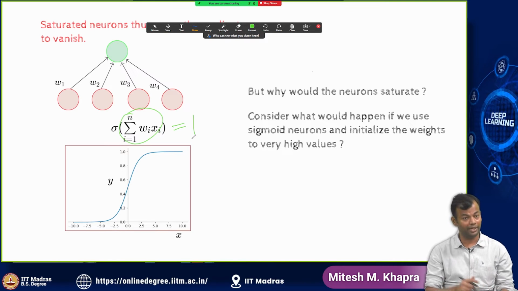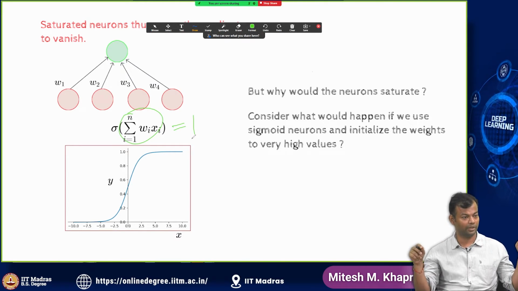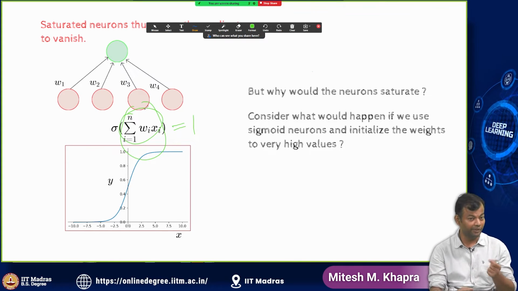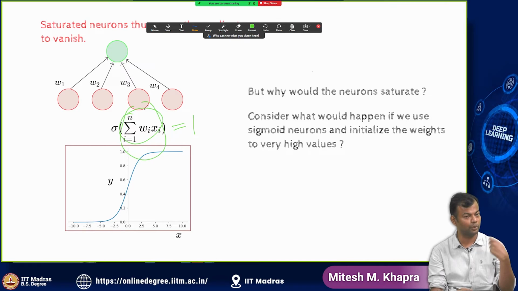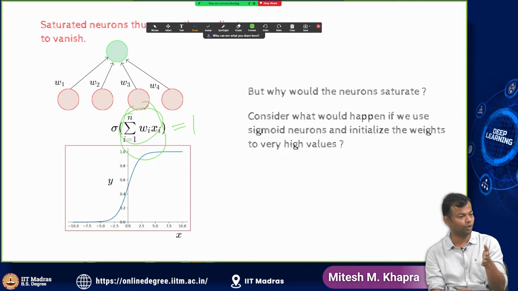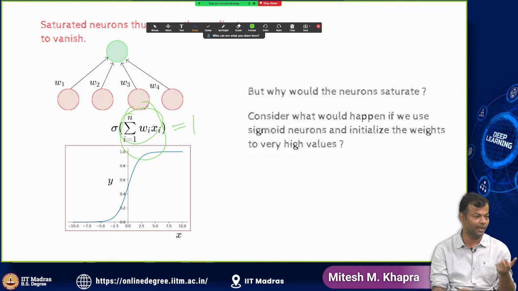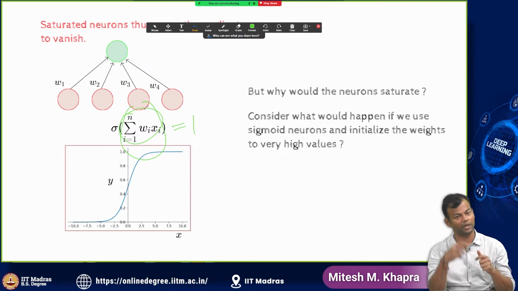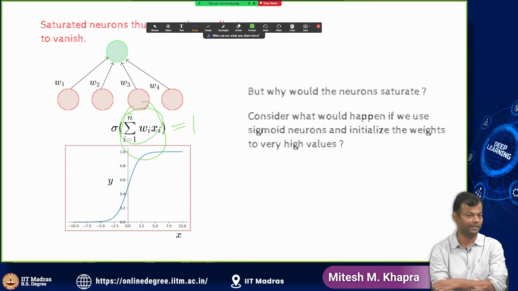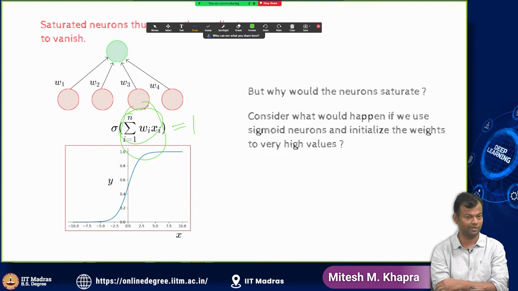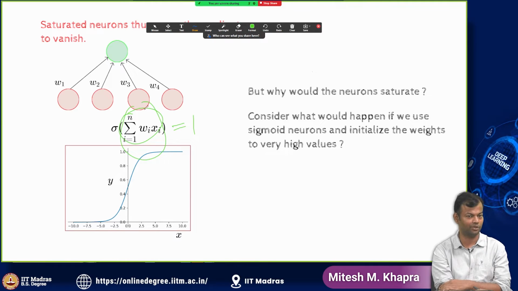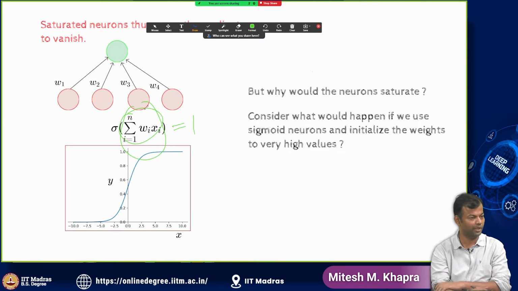But if there are 1000 neurons in one layer, then this is a sum of 1000 terms. And even with very small weights, a sum of 1000 terms reaching a value of 2 or 3 is not really surprising. So you have to very carefully initialize the weights, and that's why this connects to the second part of this lecture, where we'll talk about weight initialization methods and see how to initialize the weights correctly so that we don't end up with saturated neurons.